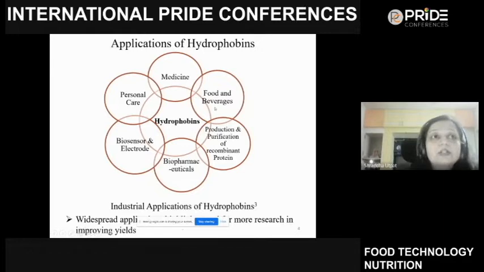In food and beverages, hydrophobins have been used for making food foams, reducing the fat content of the foam by replacing fat with hydrophobin. They have also been used in purification of recombinant proteins as a tag protein, and in increasing the bioavailability of hydrophobic drugs. In biosensors, they have been used to immobilize enzymes effectively, and they can also be used in various cosmetics.